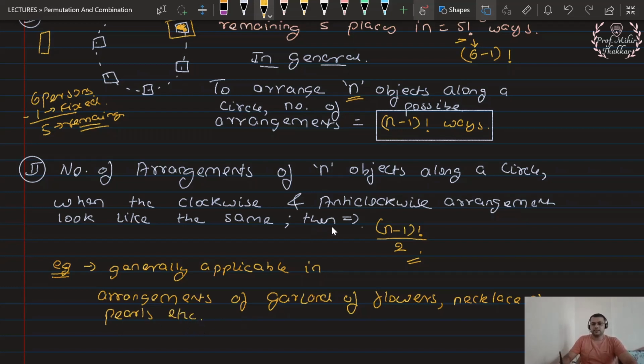When you observe clockwise or anti-clockwise, they both look exactly the same. So in such a case, you just have to divide the total number of arrangements by 2.